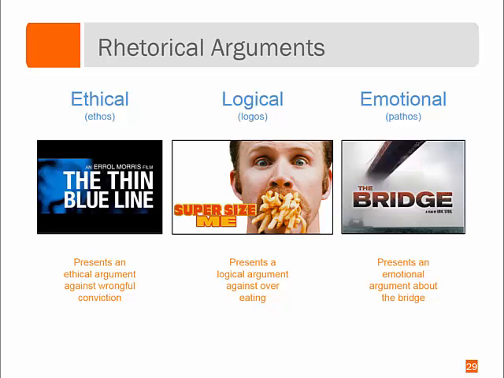Now, moving on to logical, many of you guys may have heard or seen the documentary called Super Size Me. And so in Super Size Me, this is a documentary film about an individual, Morgan Spurlock, that commits to eating McDonald's every day for a month, so every day for 30 days, and he can only eat his meals at McDonald's.